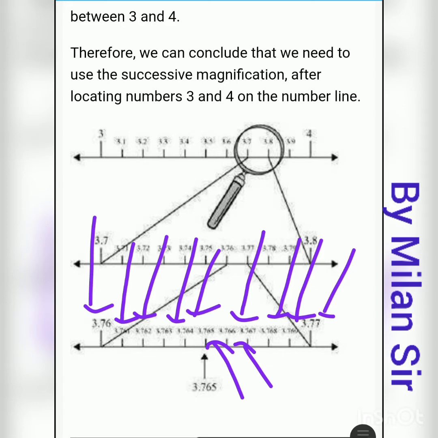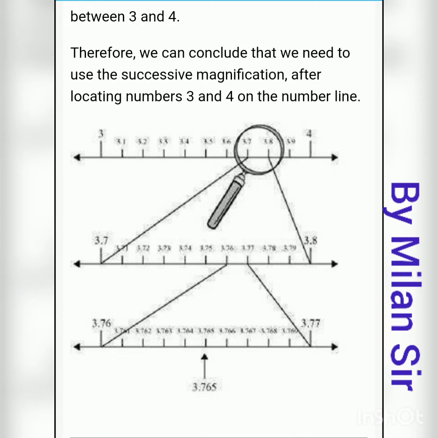Like this we get the numbers. Now here we get our original number, 3.765. So this is the magnification of 3.765.